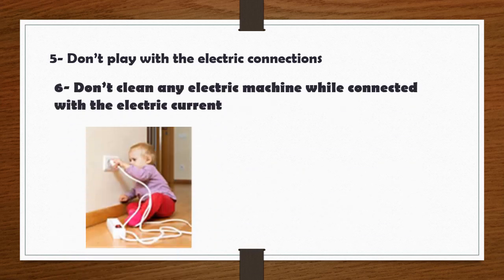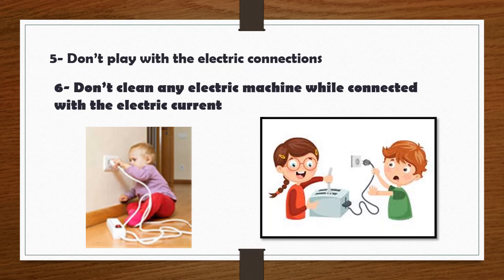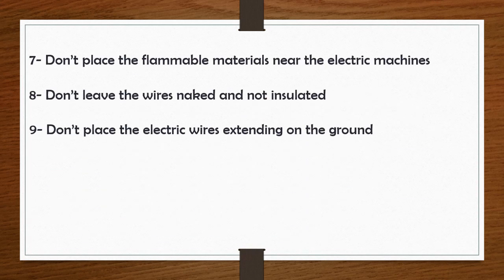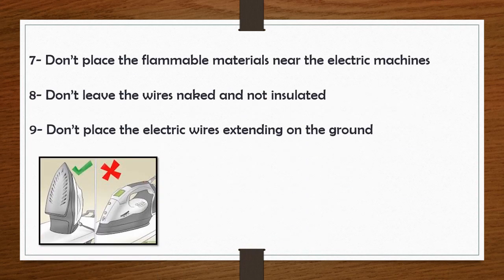Don't clean any electric machine while connected with the electric current. Don't place flammable materials near the electric machines. Don't leave the wires naked and not insulated. This may cause electric shock.